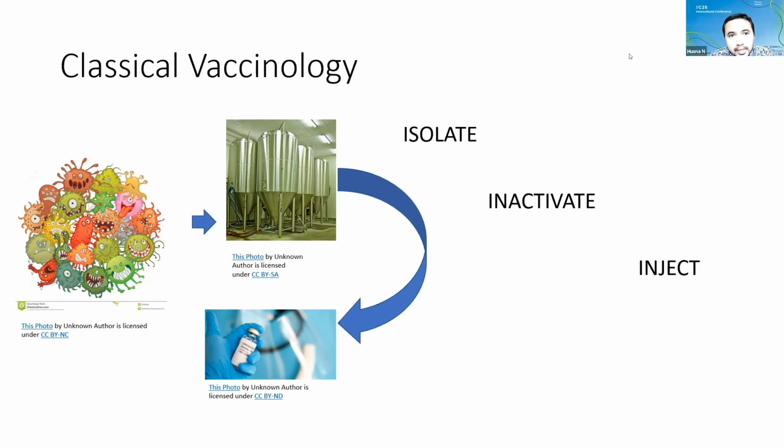In the beginning, scientists used the microorganisms themselves. They tried to grow the pathogens, and then modify them using attenuated or inactivated vaccines based on the microorganism, and then they injected the microorganisms to induce the immune response system in humans.